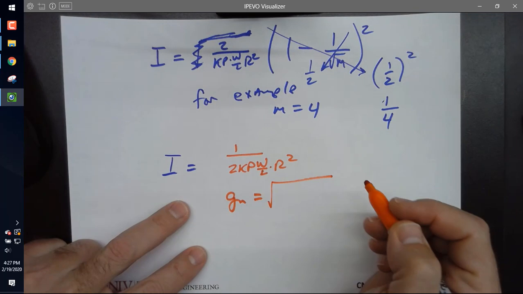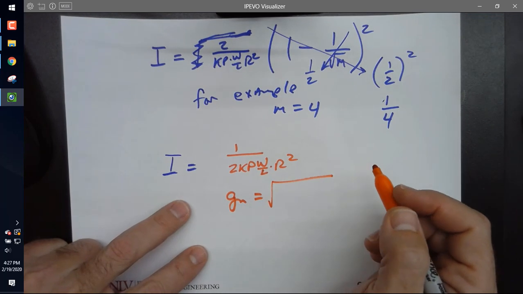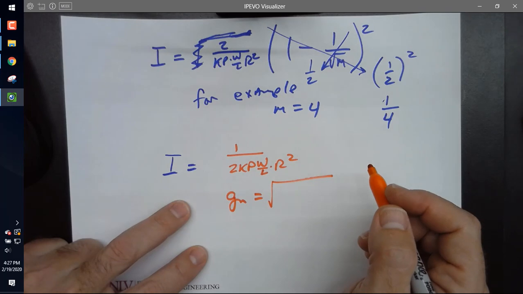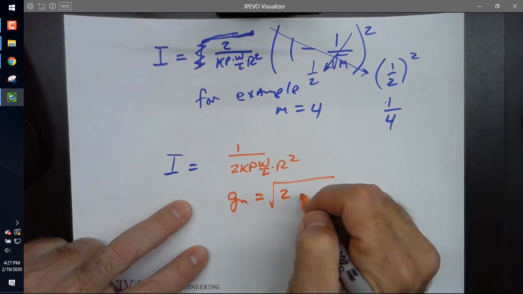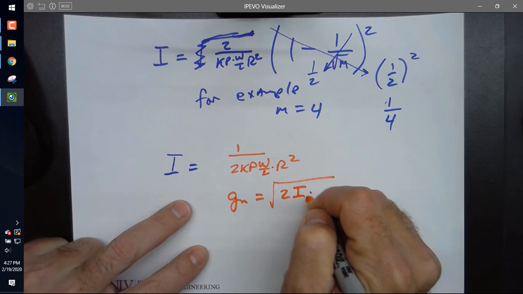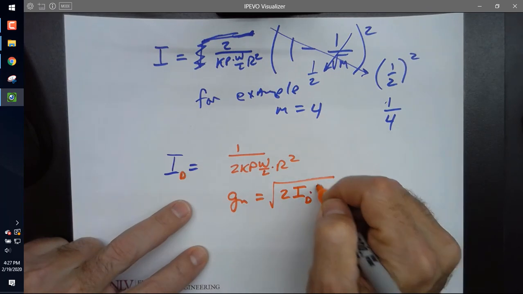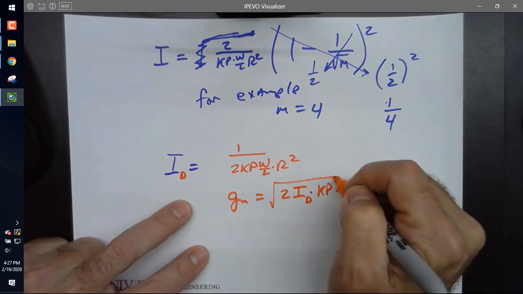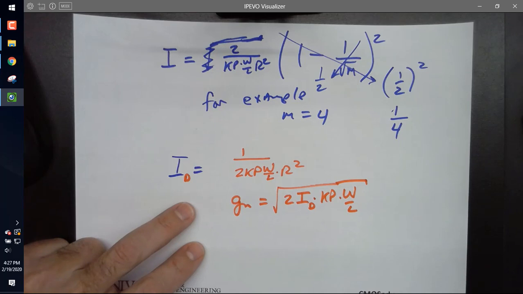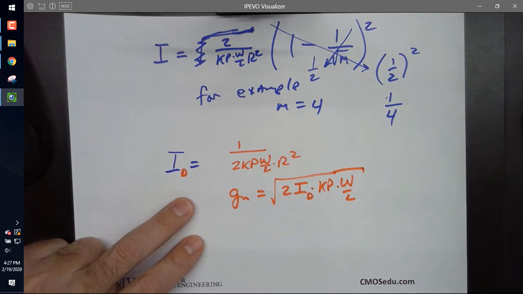The square root of 2 ID KP W over L. Looking good?